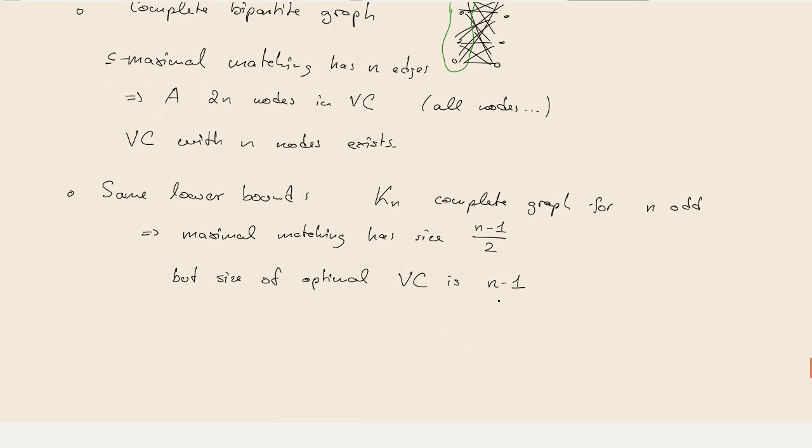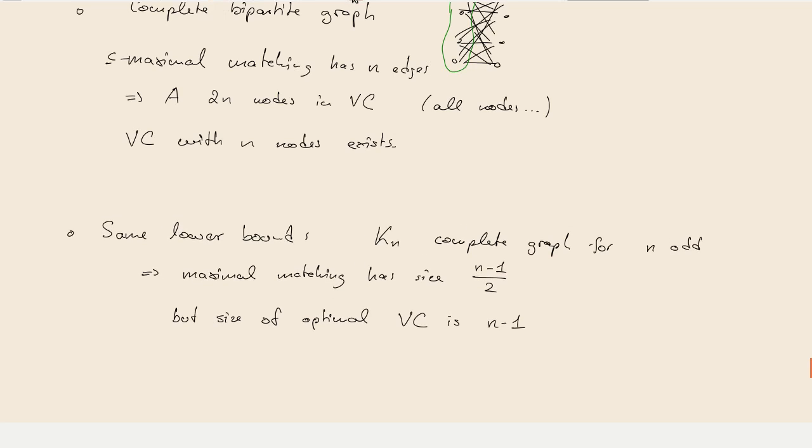So what this shows is there's also cases where you actually have to take both endpoints from all of the matching. Let me add the conclusion up here: in some graphs, one node per edge suffices.